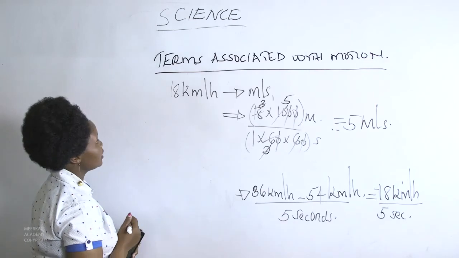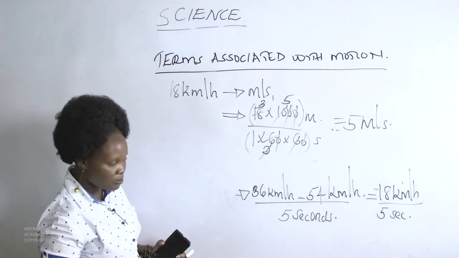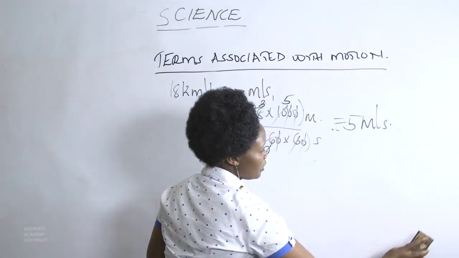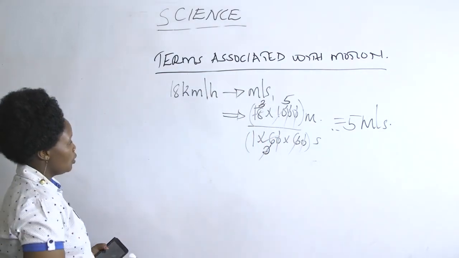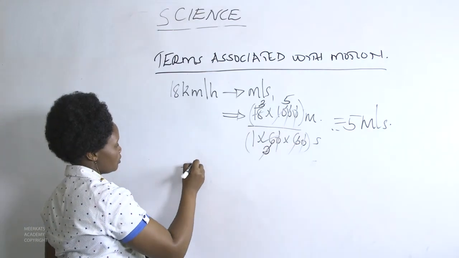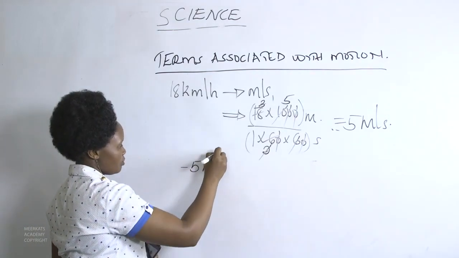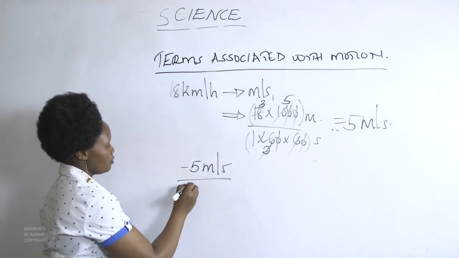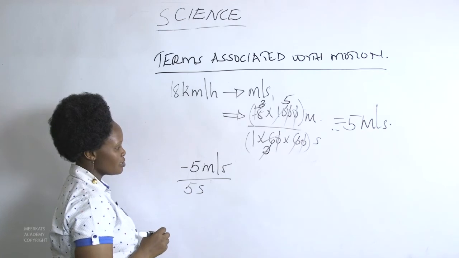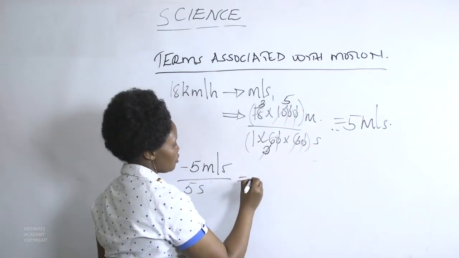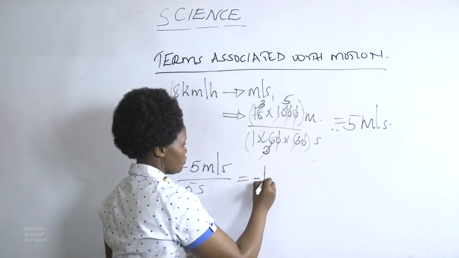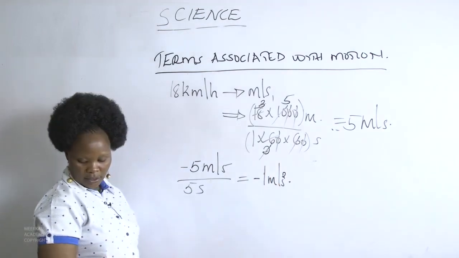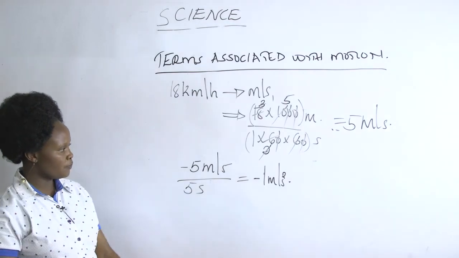But remember that it was negative. So when you're substituting, remember to carry the negative sign. Therefore, the change will be negative 5 meters per second. And we are dividing by the change in time, which again is 5 seconds. Therefore, giving you an acceleration of negative 1 meter per second squared.